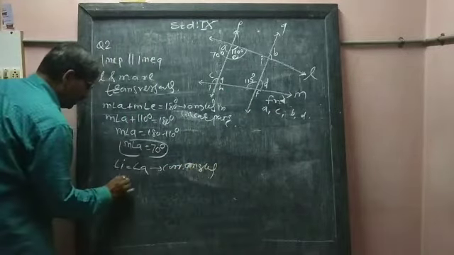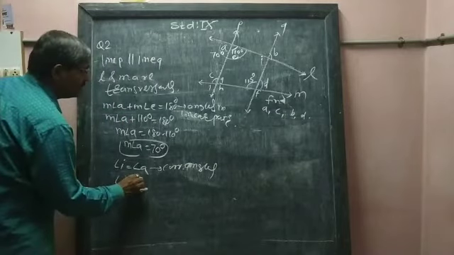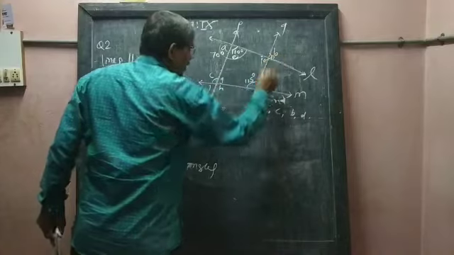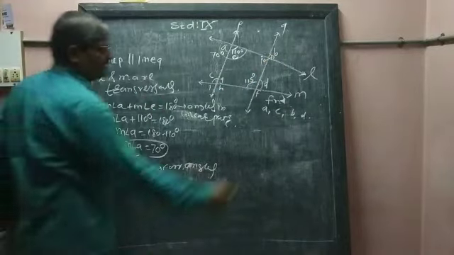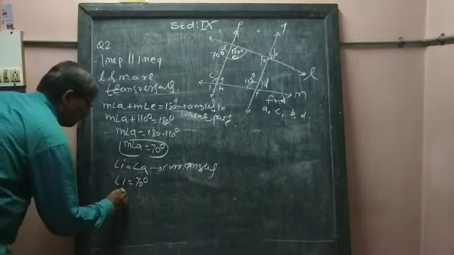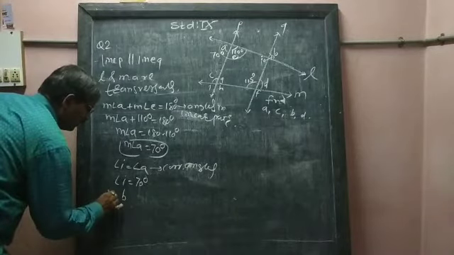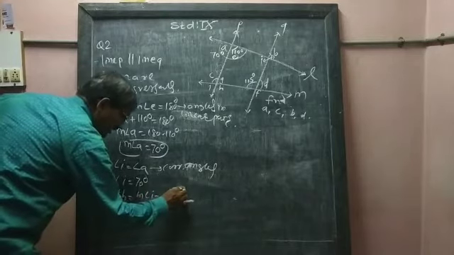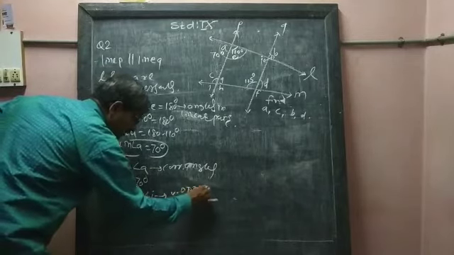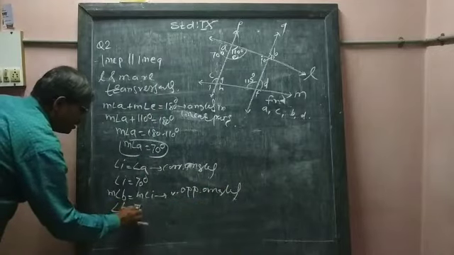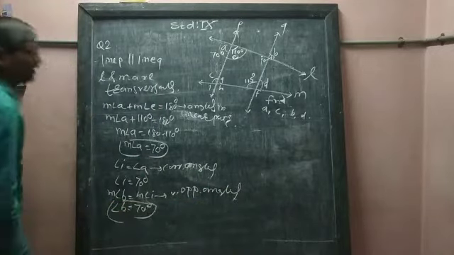And that's why angle I is equal to 70 degrees. Then I and B are vertically opposite angles. Dear friends, I and B are vertically opposite angles. And that's why measure of angle B is equal to measure of angle I, its reason is vertically opposite angles. And that's why angle B is equal to 70 degrees.